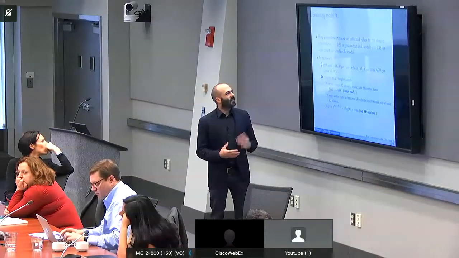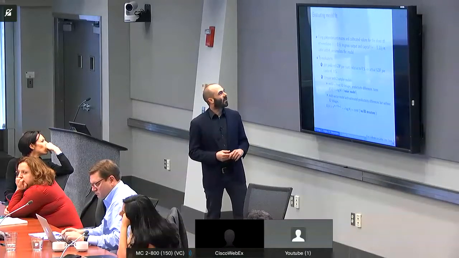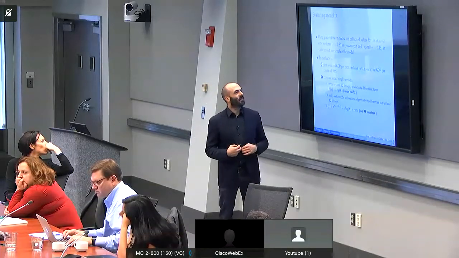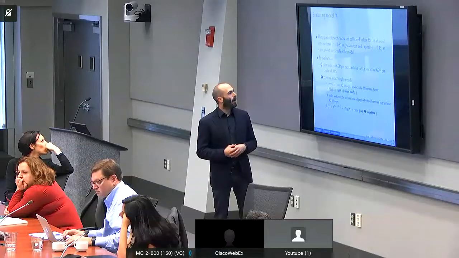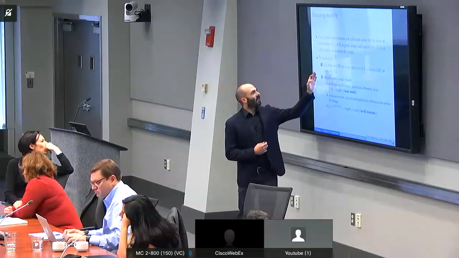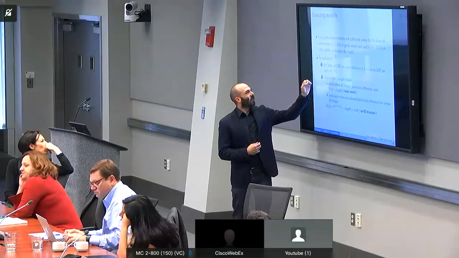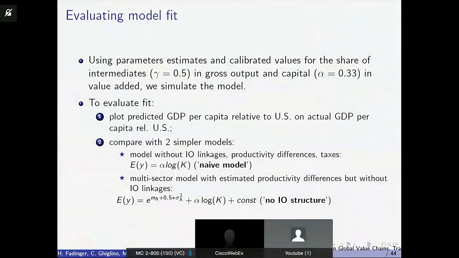So taking into account that this Cobb-Douglas model has some limitations, we can evaluate the model fit in any case. In order to do that, we're just going to regress the GDP per capita relative to the US predicted by the model against the actual one.